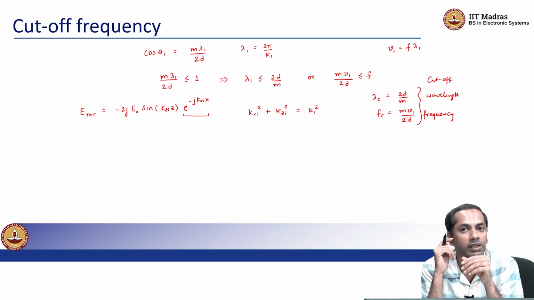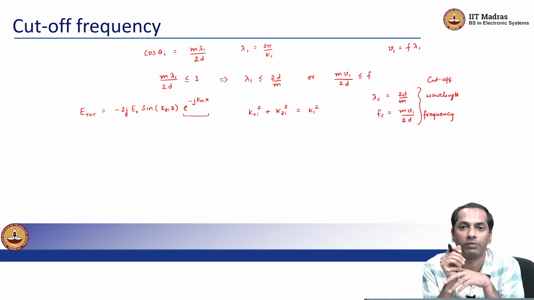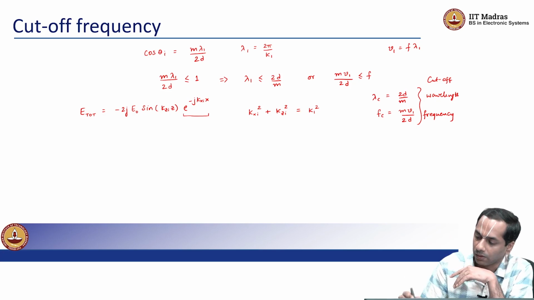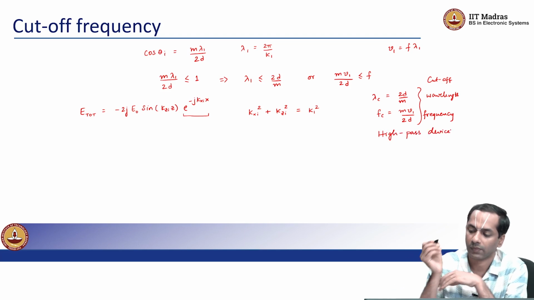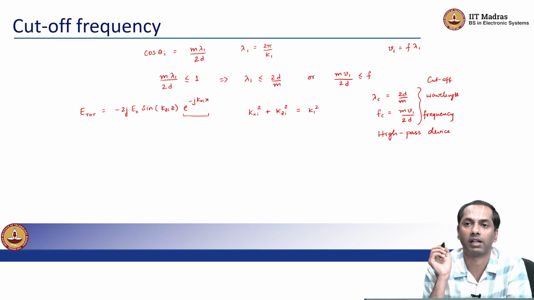So optical frequencies are normally very high frequencies, and if they are able to propagate through, it means that the structure allows for high frequencies but not low frequencies, right. Okay, so you can say that it is a high pass device. The parallel plate waveguide is a high pass device.